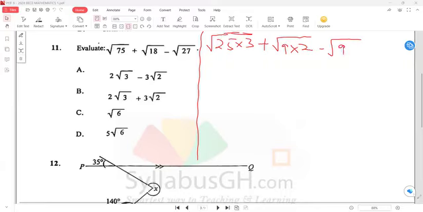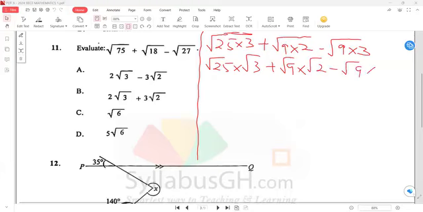Look at 27, we can get 9 times 3. So if you now have this, it can be √25 times √3 plus √9 times √2 minus √9 times √3.